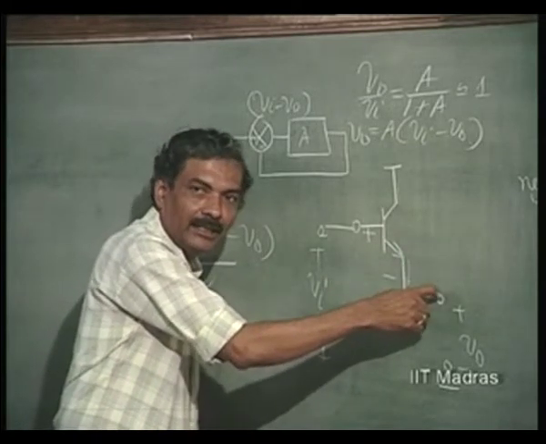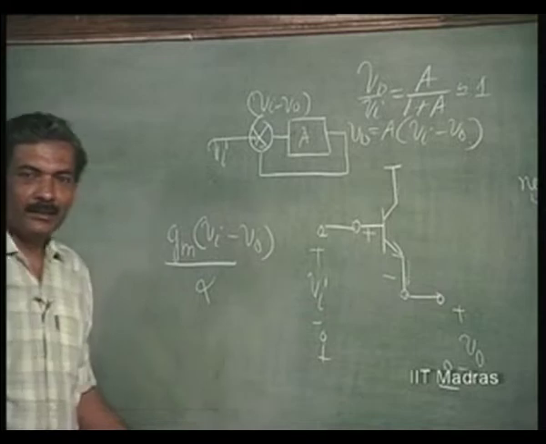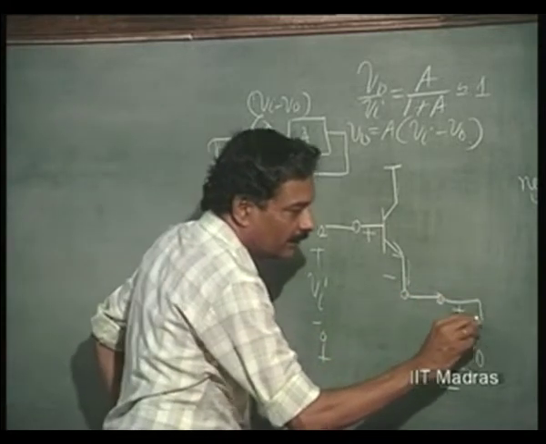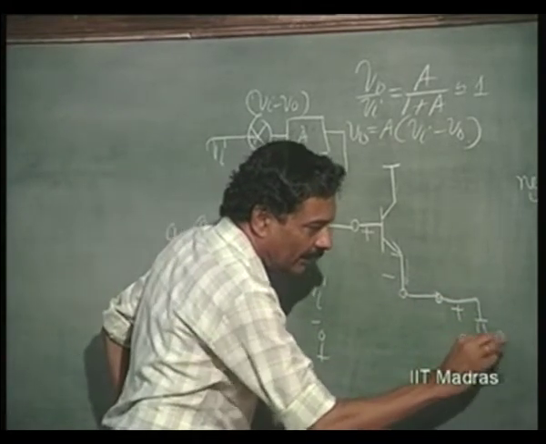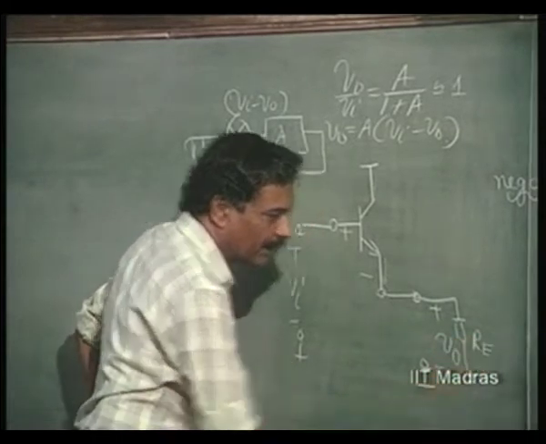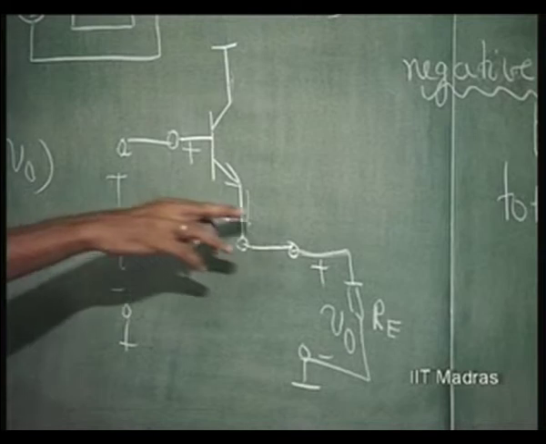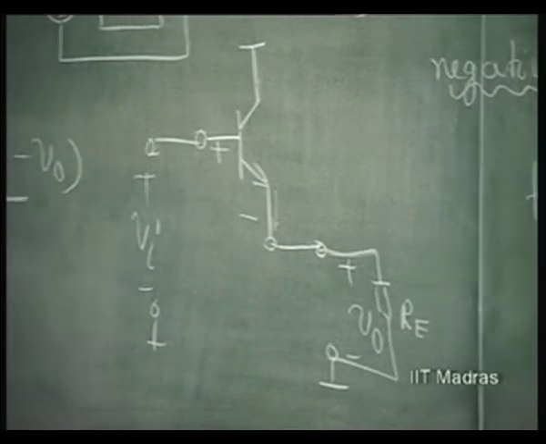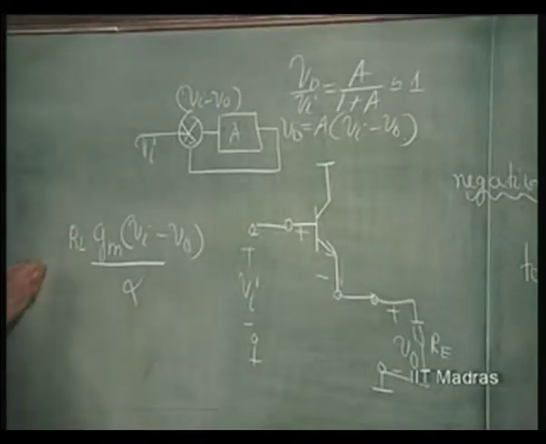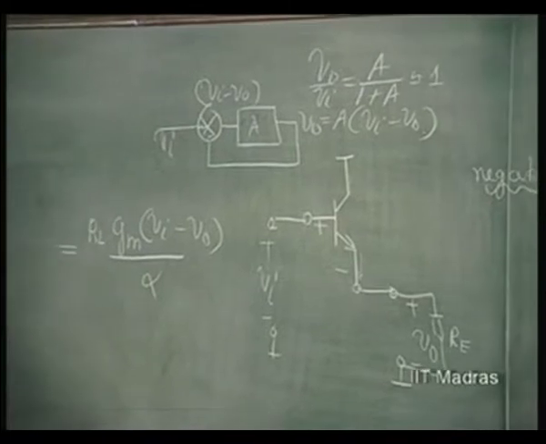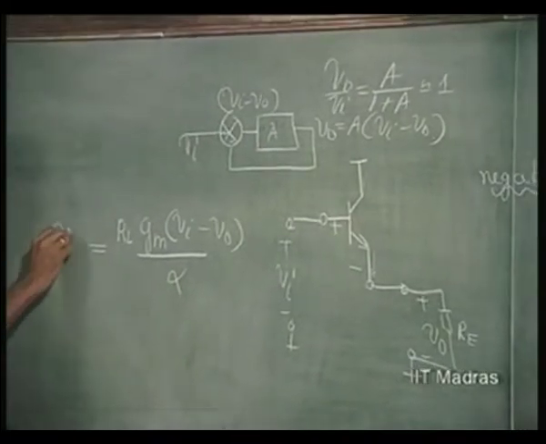So, that is the current that is flowing here. If you have a resistance here as RL, which is normally put as RE, let us say, this current is going to flow through RL and that will be the output voltage.